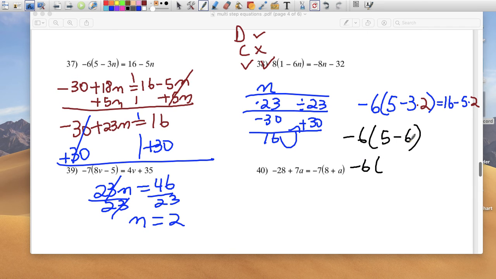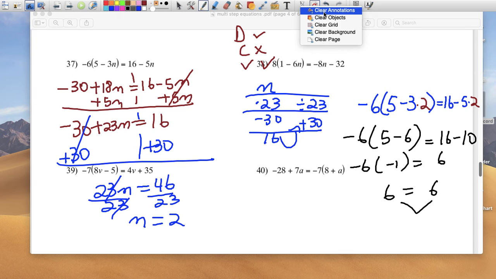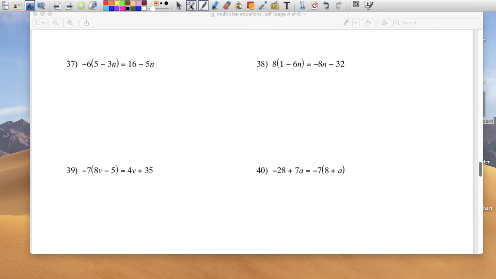Negative 6 times 5 minus 6 is negative 1. And then negative times a negative is a positive, and the left side equals 6. On the right side, let's see, that equals 6. So 16 minus 5 times 2 is 10, and 16 minus 10 is 6, and we know they equal each other, so we know we did something good here.